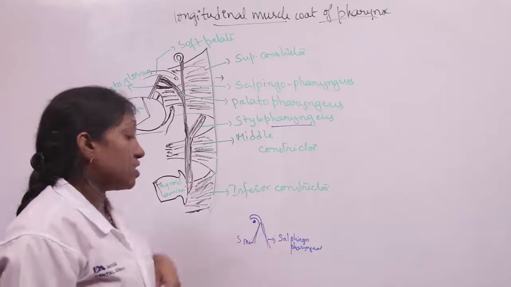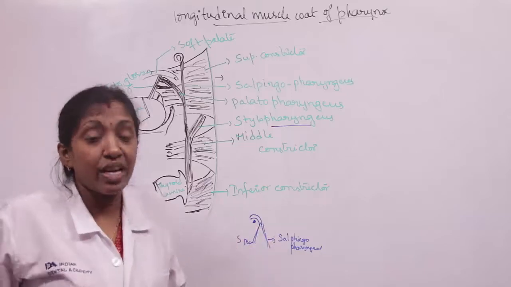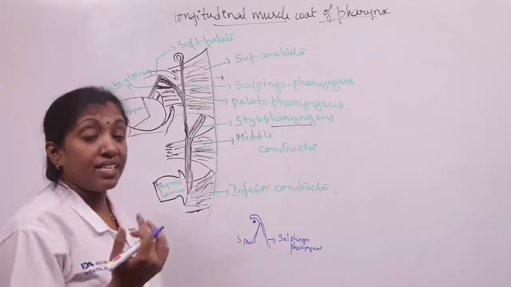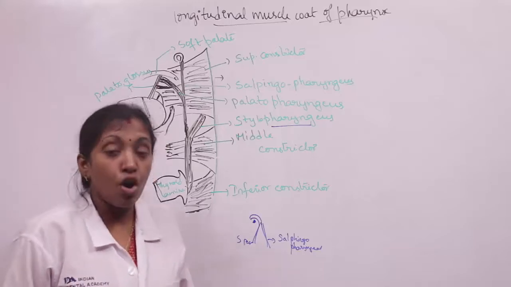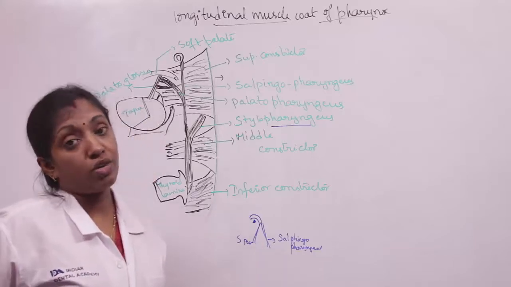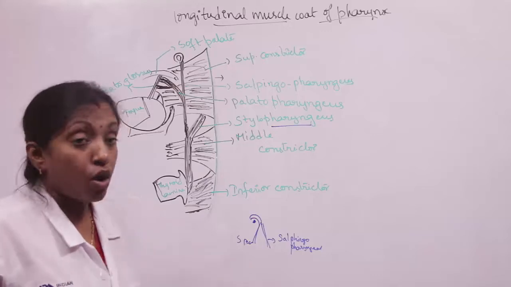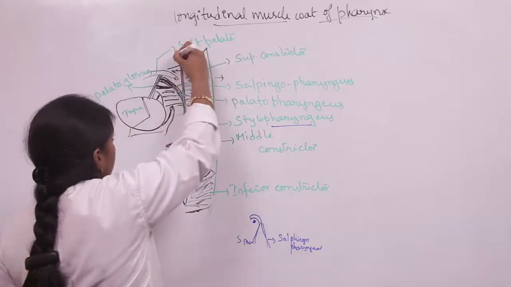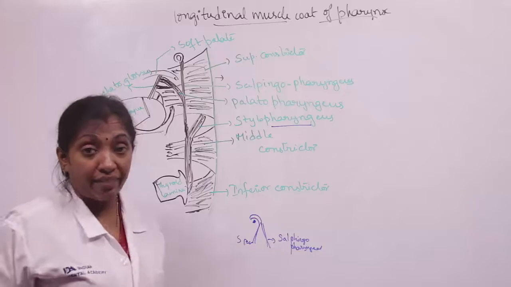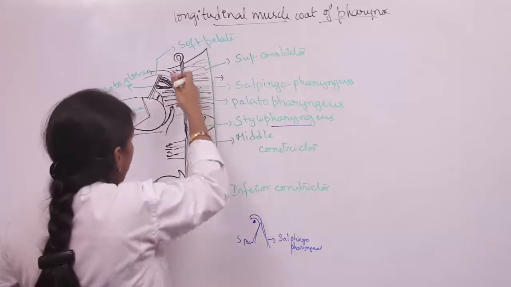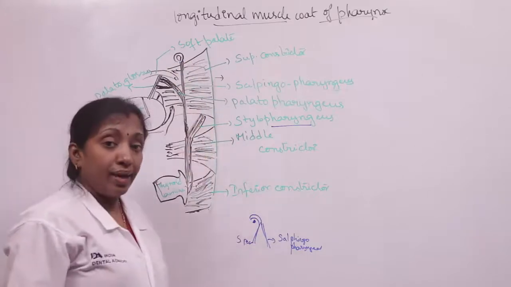It arises from the tubal elevation in the lateral wall of the nasopharynx, forming the roof and posterior wall of the auditory tube. On the tubal elevation, we know that we have the tubal tonsil.